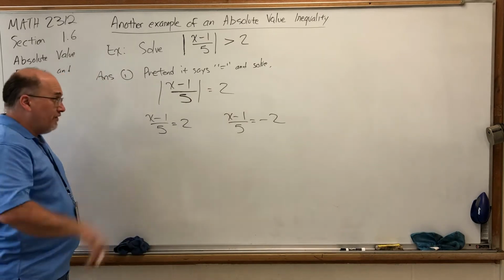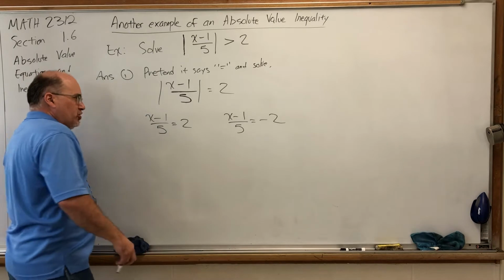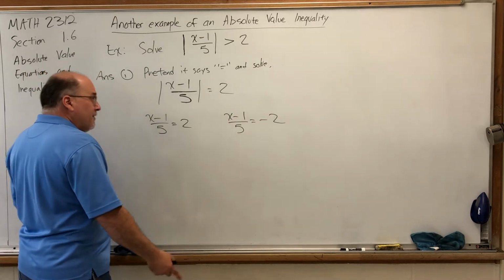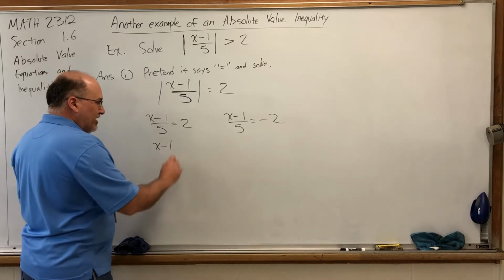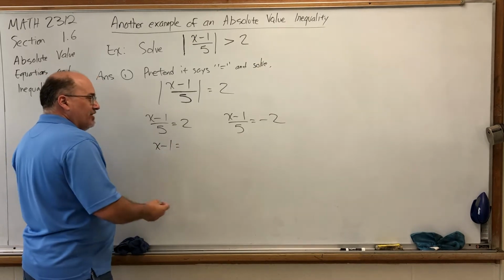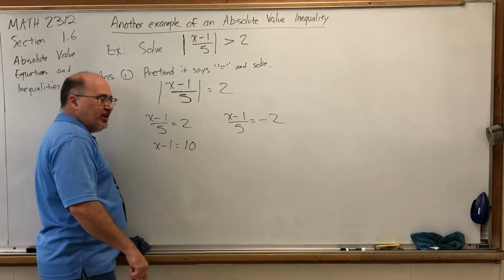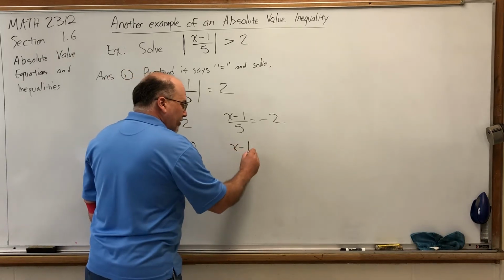And then how you finish solving this depends upon the type of equation. This one's pretty straightforward. Multiply both sides of both equations by 5. If I multiply both sides of the first equation by 5, the 5's cancel on the left. On the right, I get 2 times 5 is 10. And if I multiply both sides of the second equation by 5, again on the left, the 5 in the denominator would cancel.